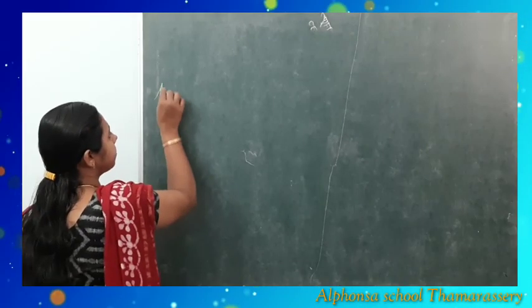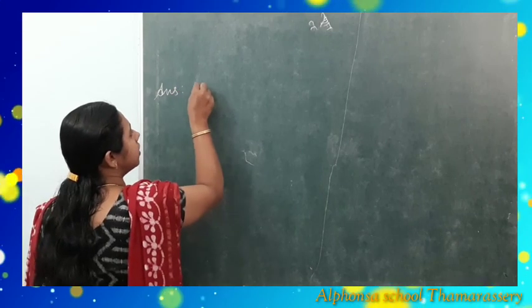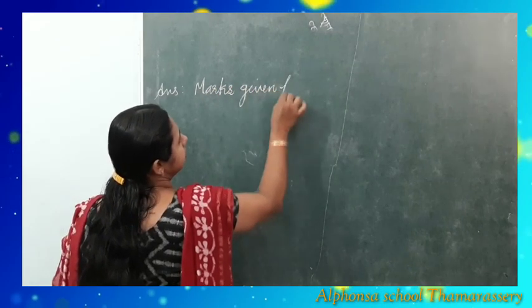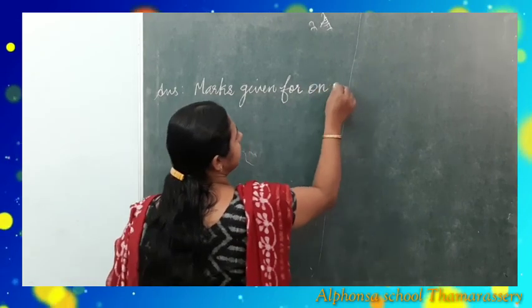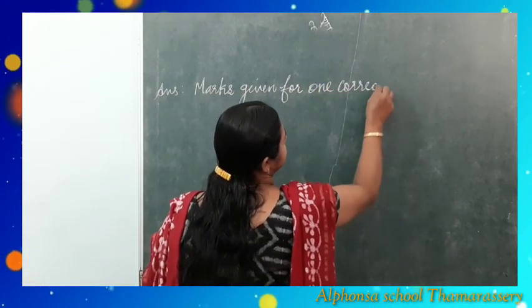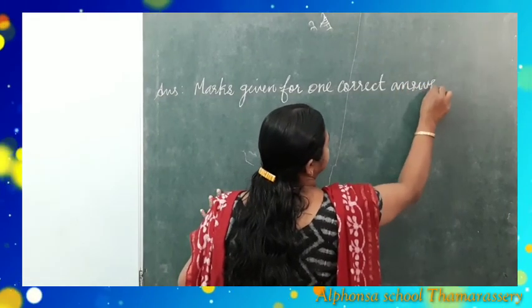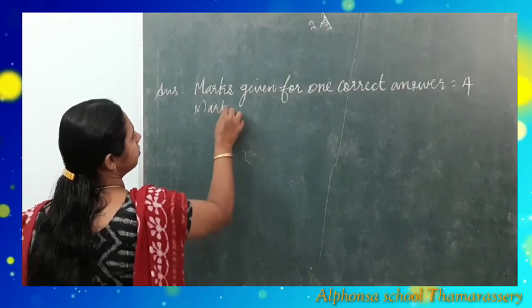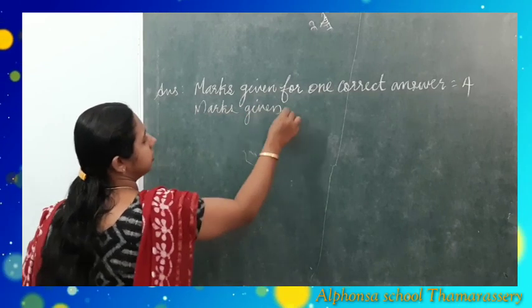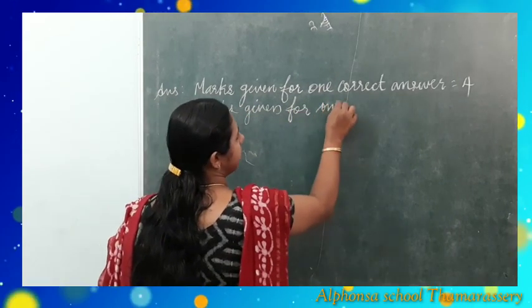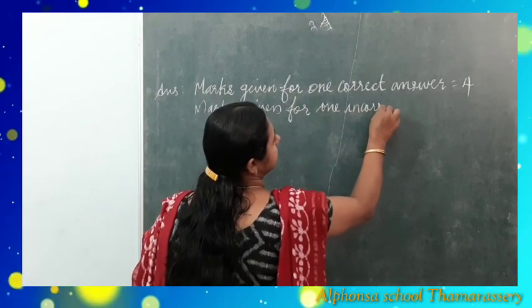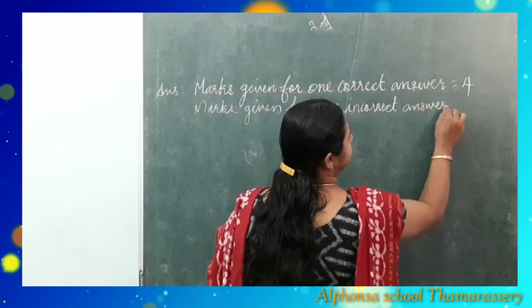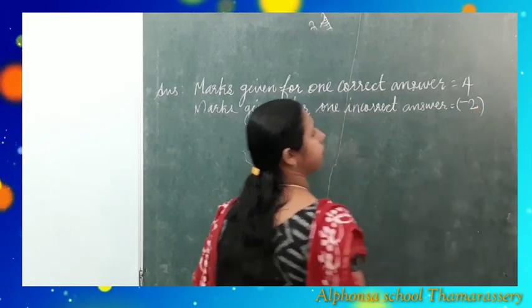The first step is marks given for one correct answer, that is equal to 4 marks, and marks given for one incorrect answer is equal to minus 2.